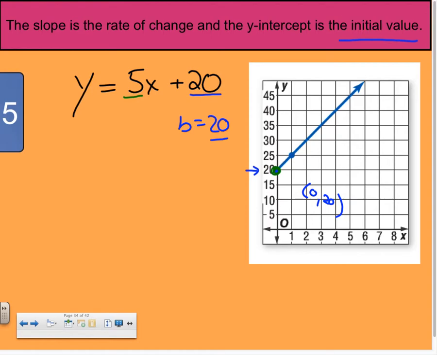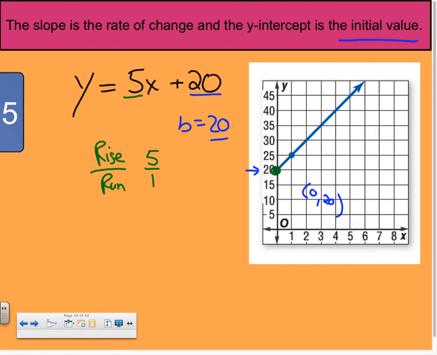Now, what do we have to do? Somehow, we've got to use the slope to graph the rest of the line. What can we do, Lauren? How do we work with slope on a graph? What are those two R words that we use? Rise over run. Now, what is another way to write the number 5 as a fraction? 5 over 1. Great job, Corbin. So 5 is going to be my rise, and 1 is going to be the run.